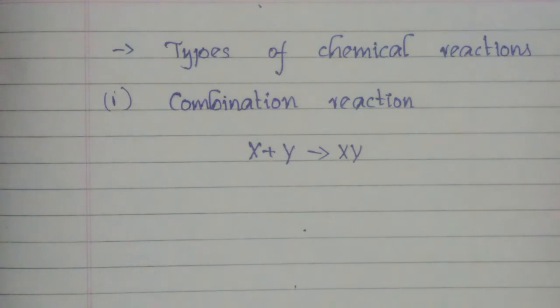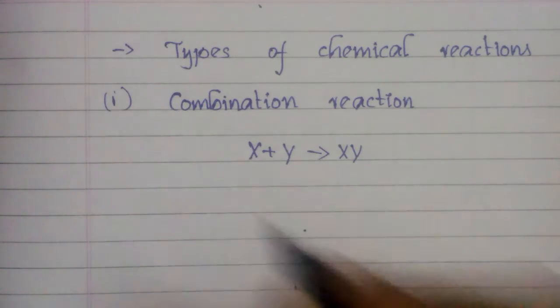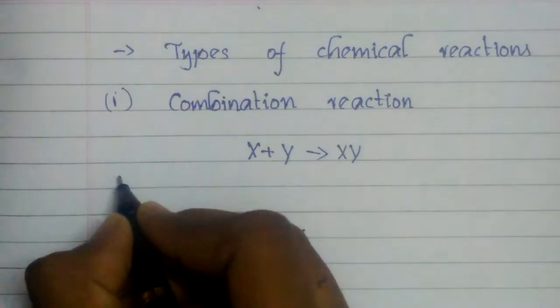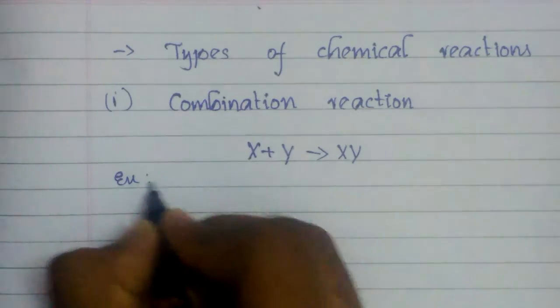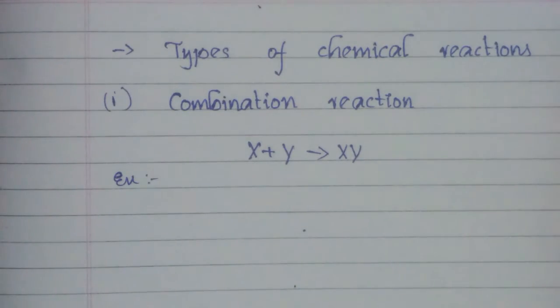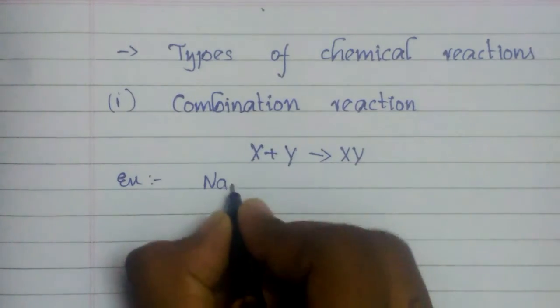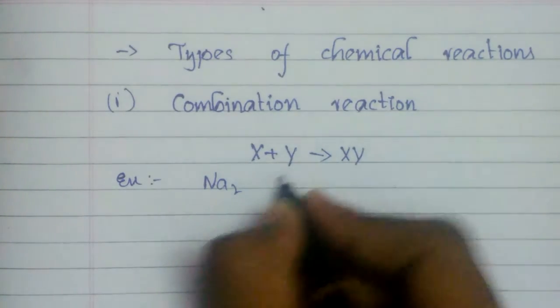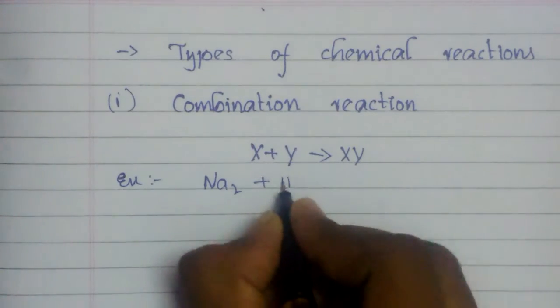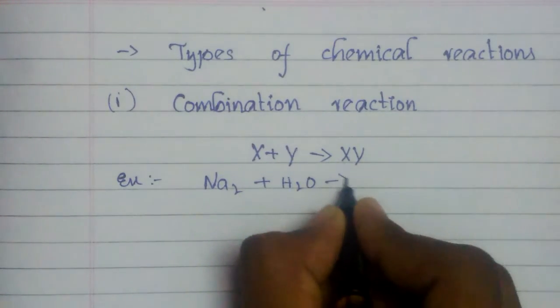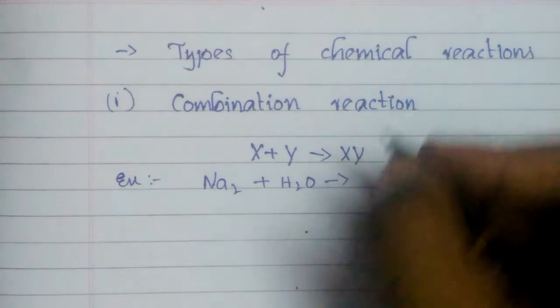Okay, let's take an example of combination reaction: Na2O plus H2O gives 2NaOH.